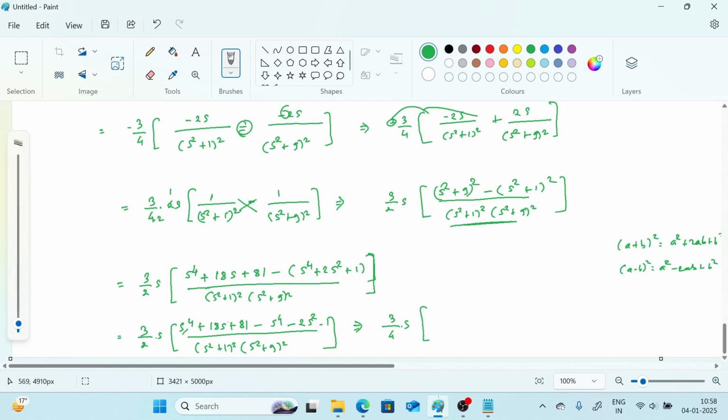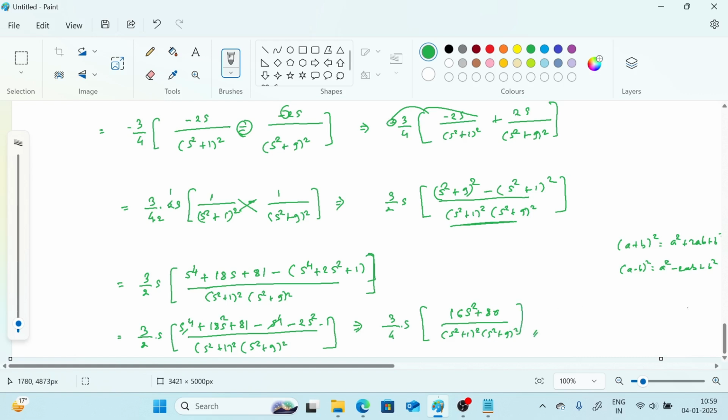This s^4 and this s^4 will get cancelled. 18s^2 minus 2s^2 will be 16s^2. 81 minus 1 will be 80. So 16s^2 plus 80 upon (s^2 + 1)^2 (s^2 + 9)^2.